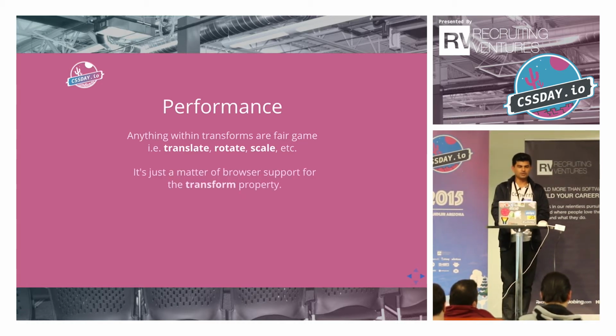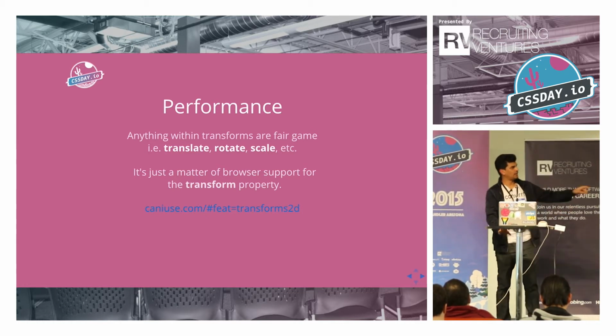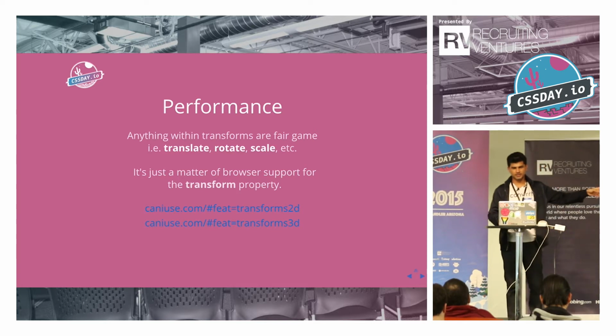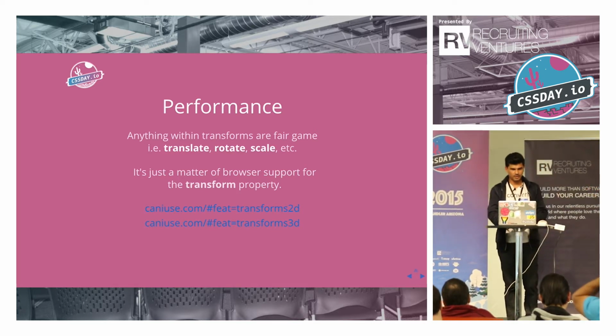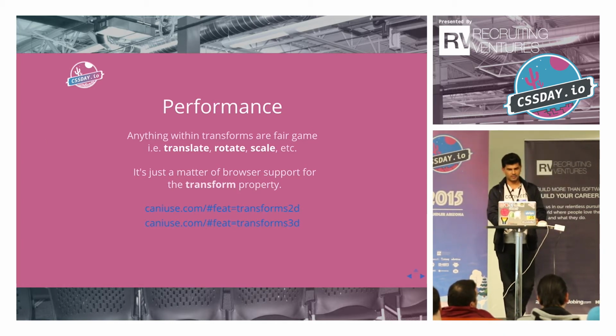It's just a matter of browser support for the transform property. That's one other thing: not many browsers support the 2D and 3D changes for transform properties. I have the links over here, and I'll make these links visible. I'll probably add a white color to it. These are the Can I Use links for transforms for 2D and 3D.